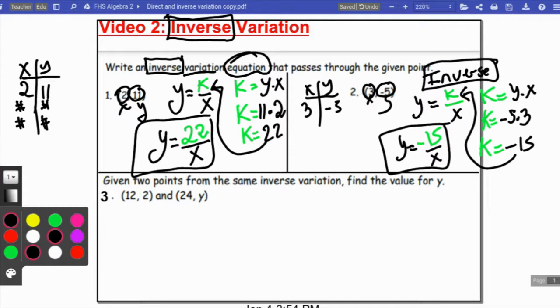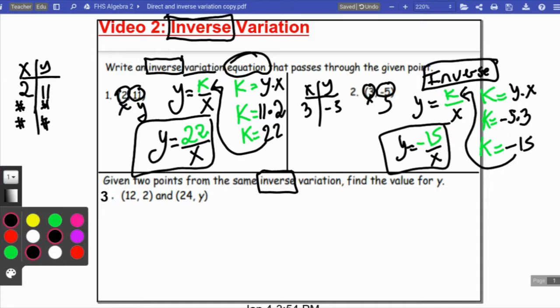All right, so that wasn't much of a big deal. But now, this number 3, we're actually going to use the equation to predict the future. Like you can predict what's going to happen in 2021. Ha ha ha. All right, so given 2 points from the same inverse. What do we do when we have the inverse?